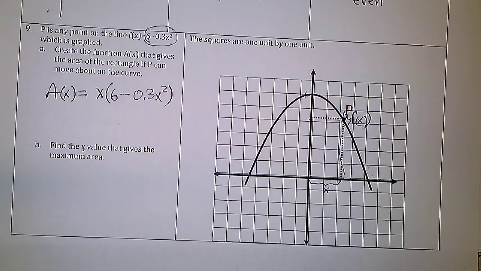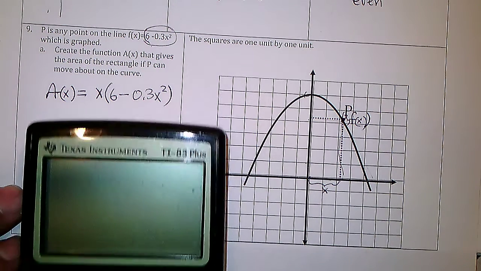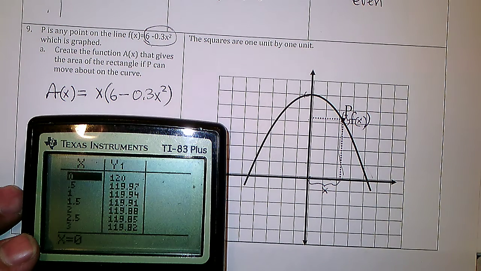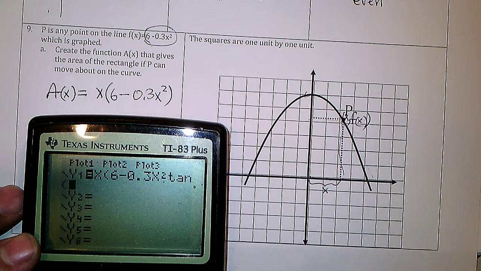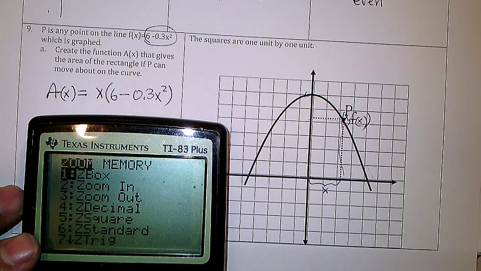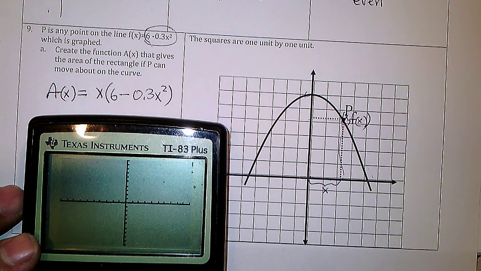And that's when we pull out our calculator and we type in this function. So I go y equals, clear that out, and I type in x times parenthesis 6 minus 0.3x squared, close parenthesis. I'll go zoom 6 and see how it looks.